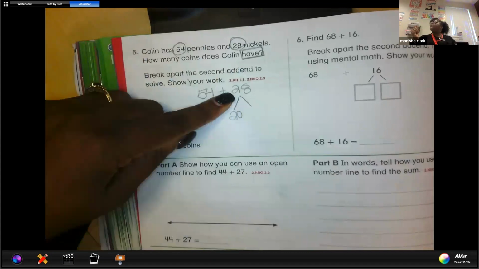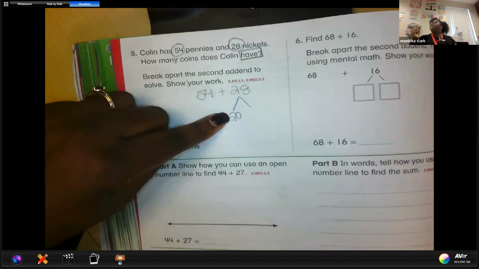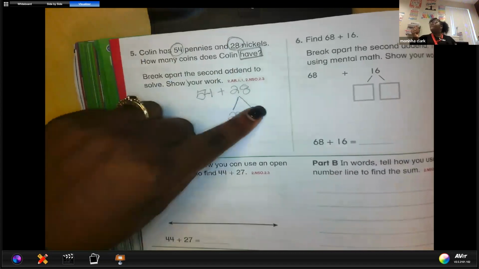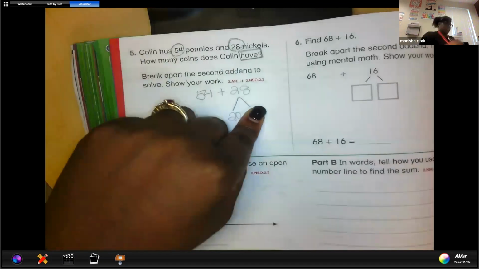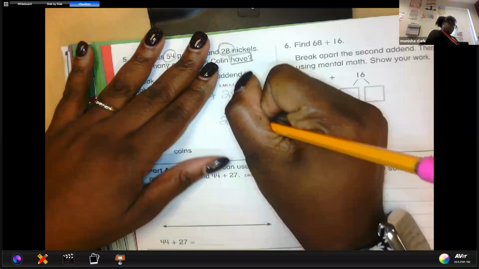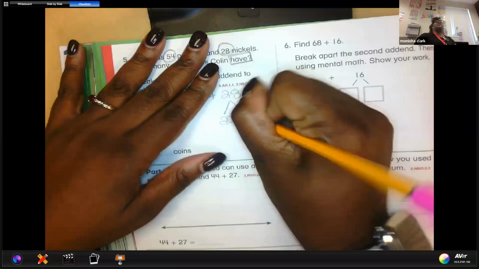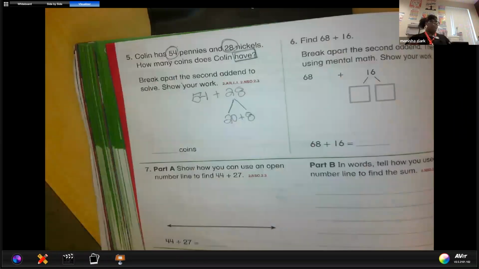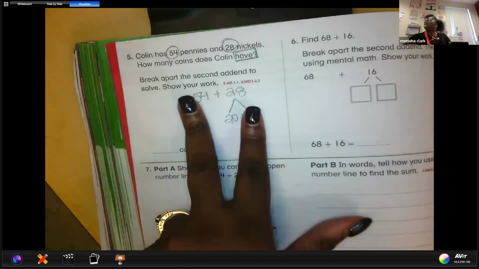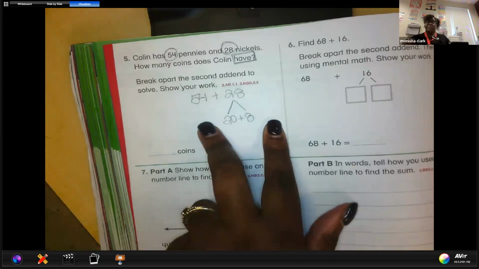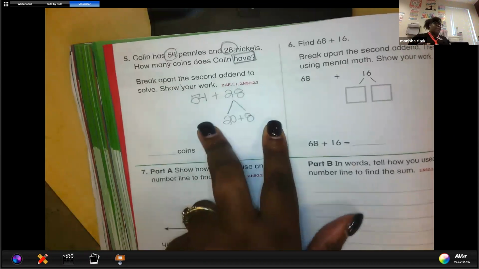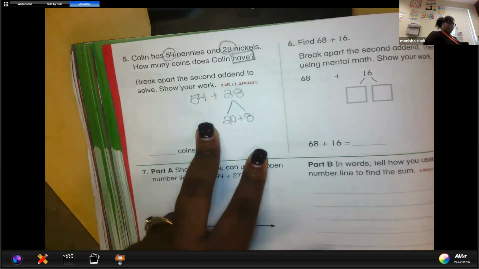So I've taken all the 10s out of 28. There is only 1s left over. How many 1s are left over? That is what it means to break apart an add-in. We know the add-in is the two numbers in the addition problem, and it wants us to break apart the second one. So now that we have broken apart the second one, this makes this easy to add, doesn't it?